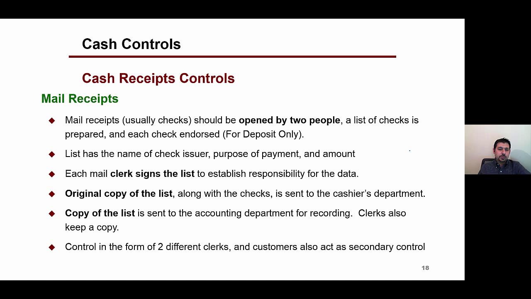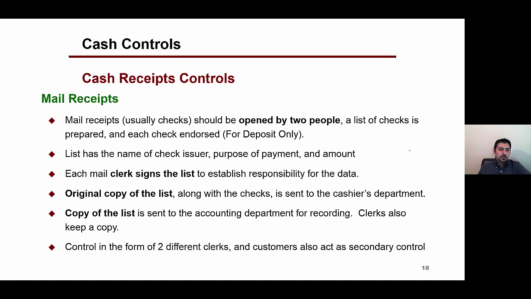So the list would include the name of the check issuer, the party paying the check, the amount, the date, as well as the purpose of the payment.